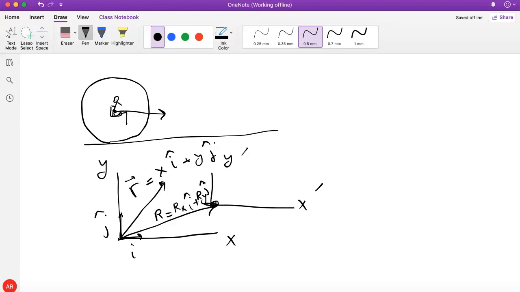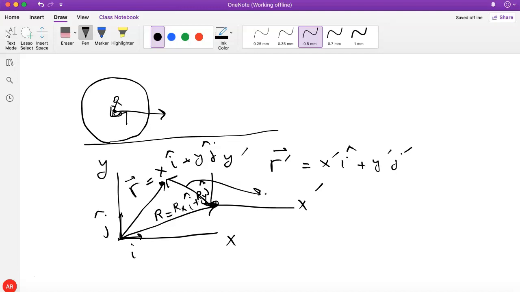And then the same point will be represented in this other coordinate system by a vector, let's say r prime, which is x prime i plus y prime j.